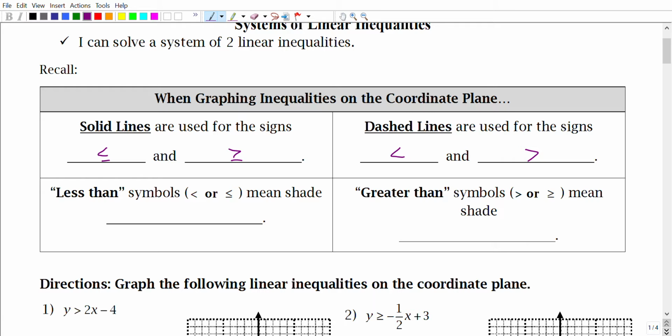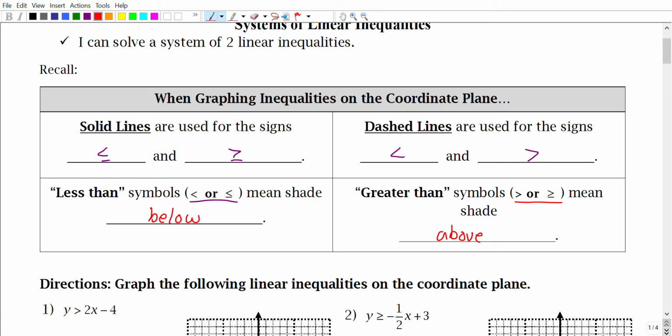For less than symbols, we have to shade below. And for greater than symbols, we have to shade above. If you think about it, it makes sense: when you think of less, you think below, or overall less, which means you have to go lower.